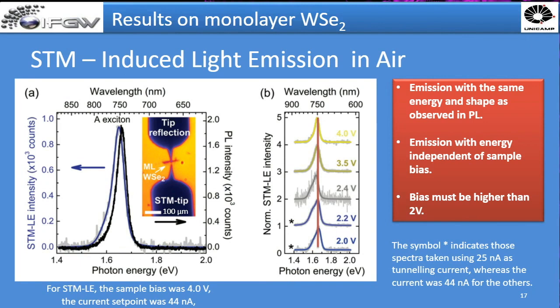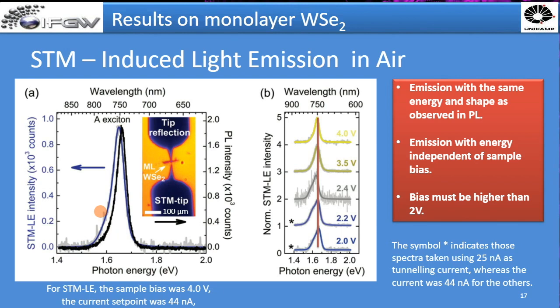But we could then have photoluminescence, that is the black curve that I'm showing here, from this TMD on top of this gold support or substrate. And also, which is the interesting part, the luminescence induced by the tunneling current, which is the blue curve here.